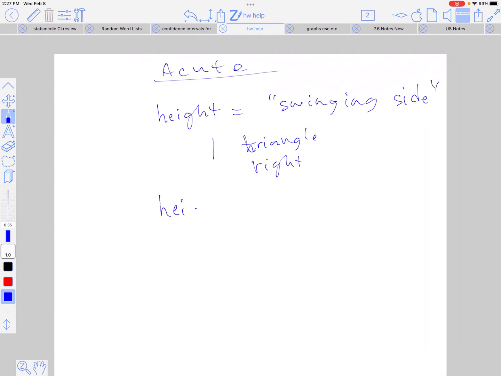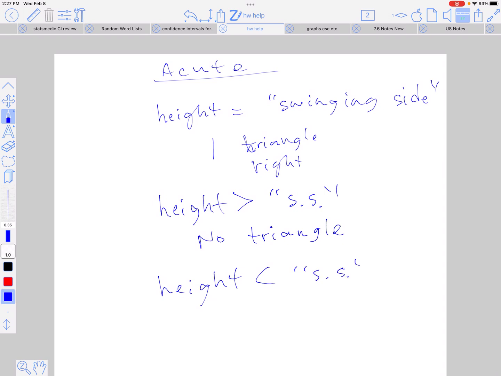If the height is greater than the swinging side, then you know that there is no triangle because it's too tall for that swinging side to touch down and actually make a triangle. If the height is less than the swinging side, you know that you'll have two triangles.